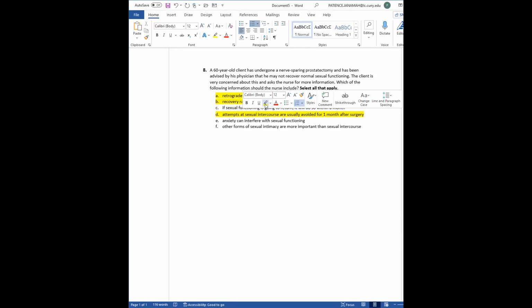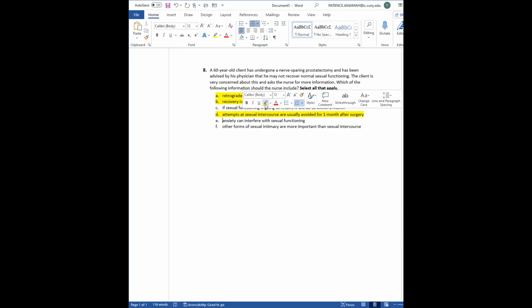If the person is conscious of the fact that he went through that surgery, he'll be afraid that he may not satisfy his partner. That can make his erection come down immediately. So I think anxiety can affect it.